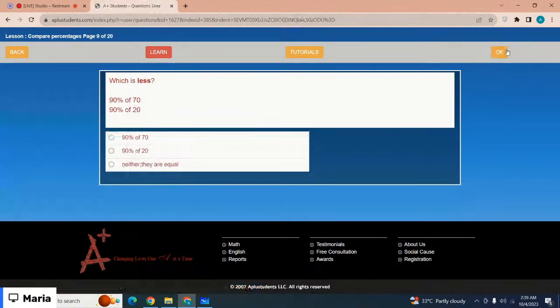Okay, which is less, 90% of 70 or 90% of 20? So which is less?